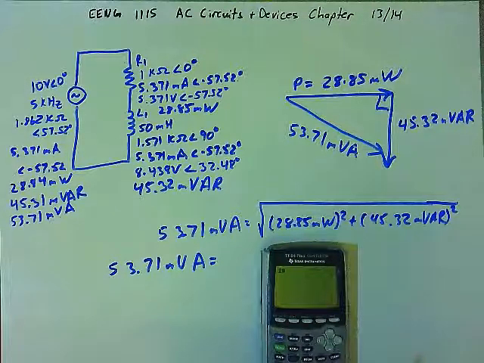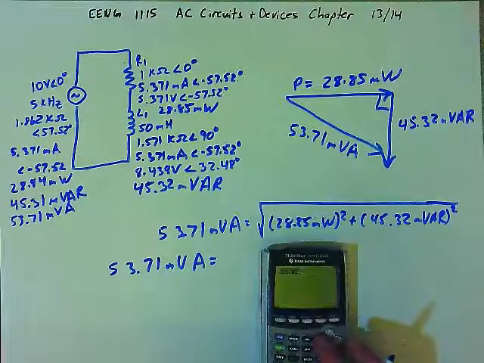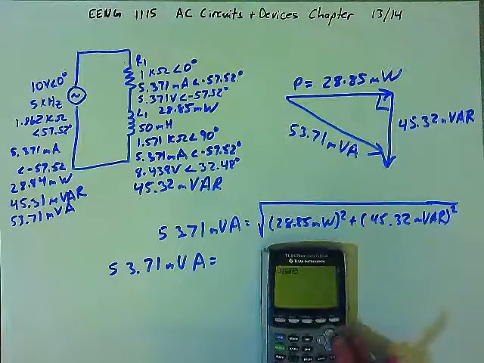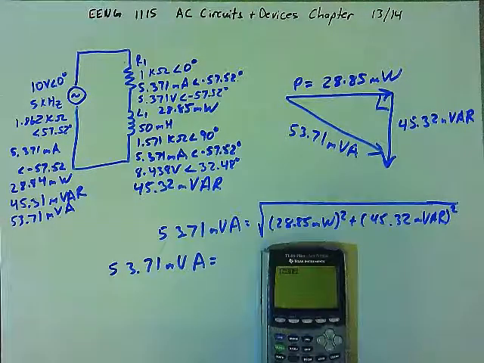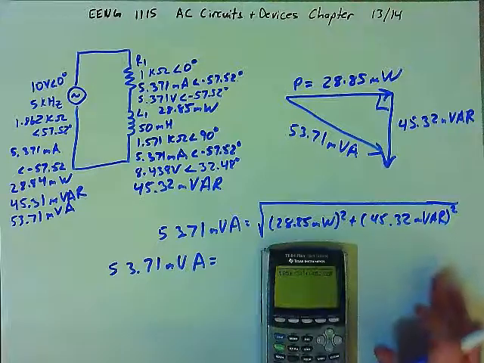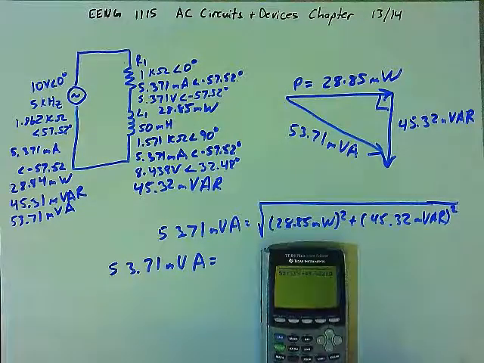Let's take a look here. Let's say the square root of parentheses 28.85 milli, squared, plus 45.32 milli as well, squared. Oops, made a mistake somewhere here.